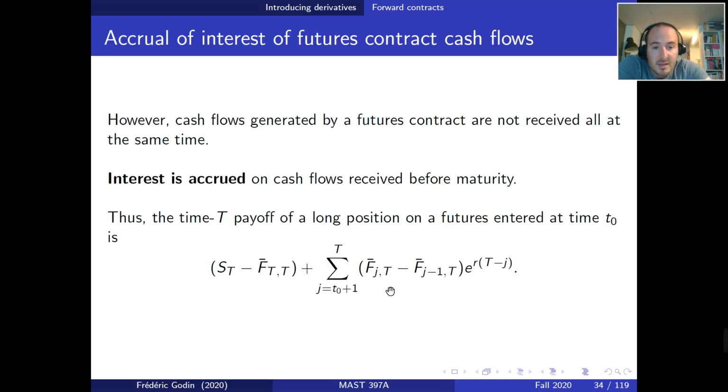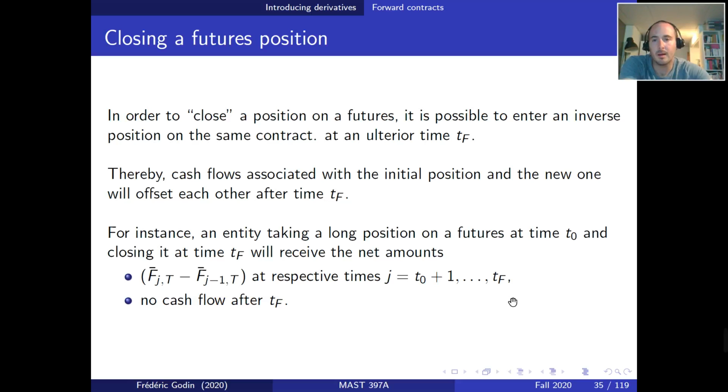So all these F bar j minus F bar j minus 1, which are the cash flows, must be multiplied by this interest rate accrual factor, which is the exponential of the risk-free rate times the time difference between the maturity of the futures and the time at which you receive the cash flow. Recall that for this example, we consider a deterministic interest rate.